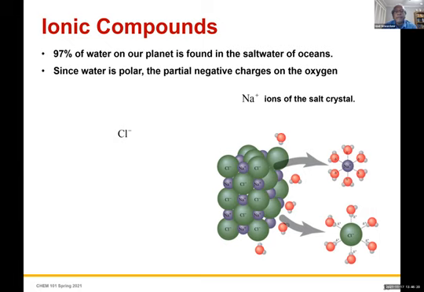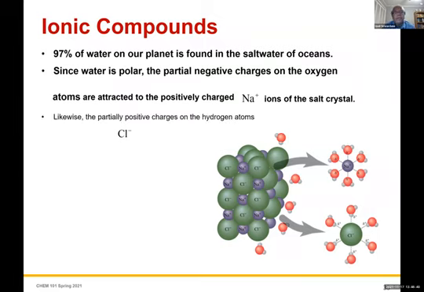Since water is polar, with a partial negative charge on the oxygen and partial positive charge on the hydrogen, the negative charges surround the sodium ions, as I described before. The partially positive charge on the hydrogen atoms surrounds the chloride ions.